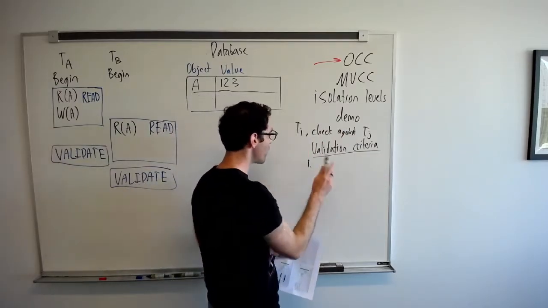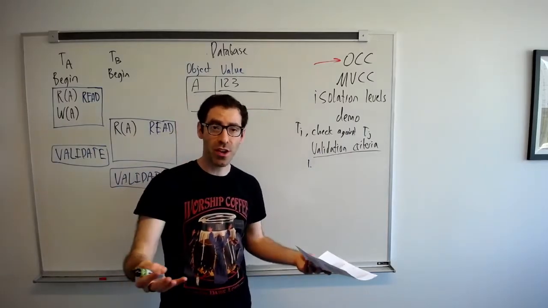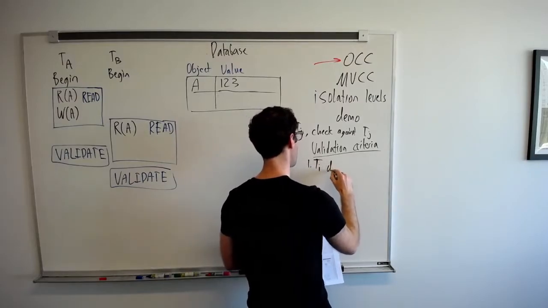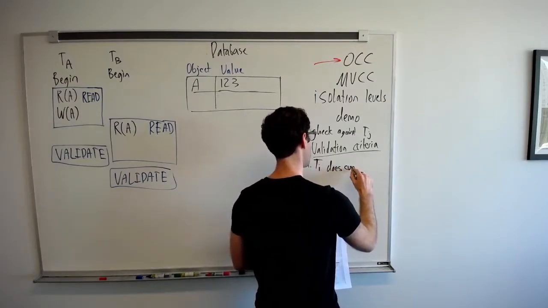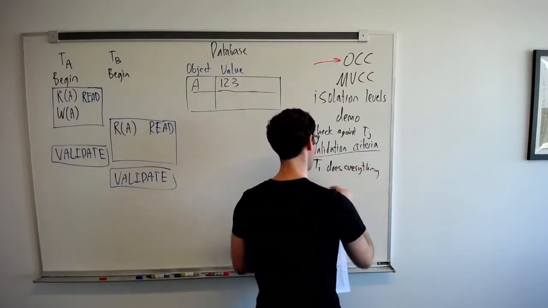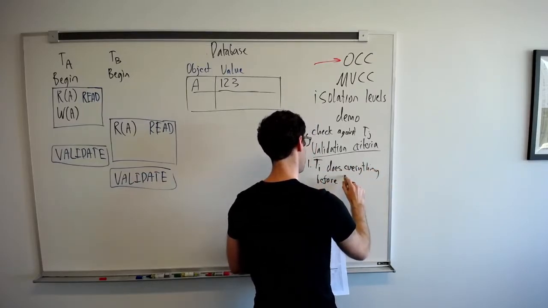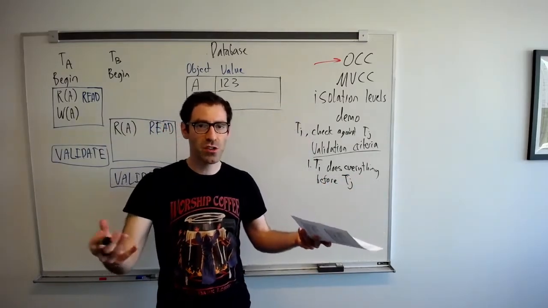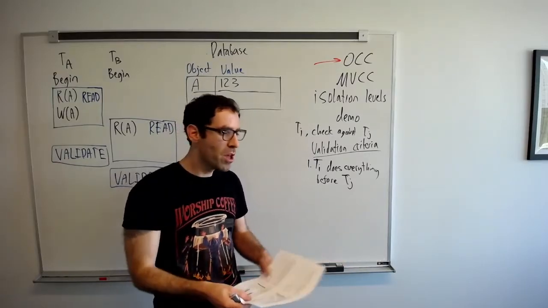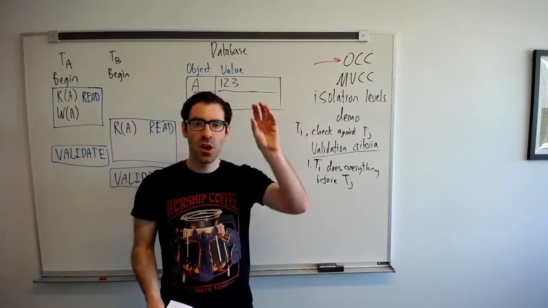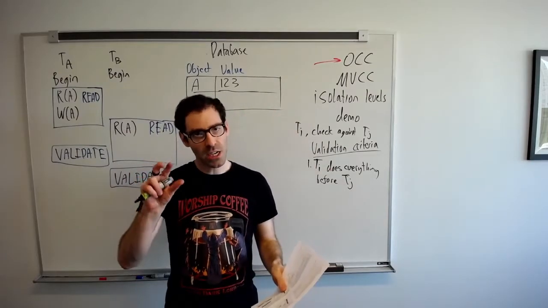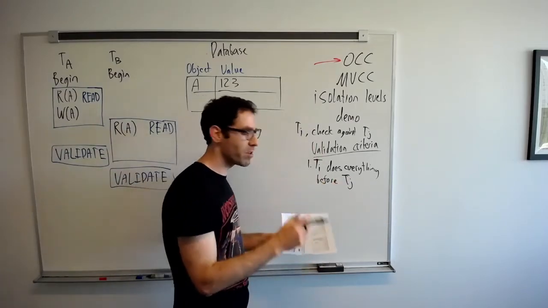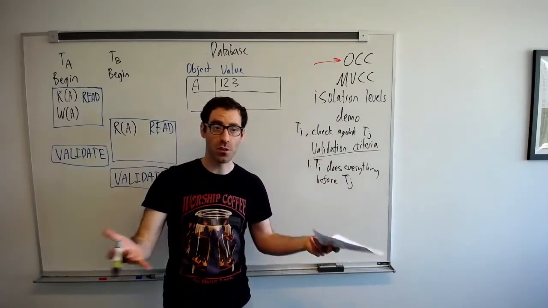So the different criteria that we might have to say a transaction is valid is, number one, Ti does everything before Tj. The transactions are just actually serial in our schedule. We see Ti does its read, validate, write, then Tj does its read, validate, write, and we're good. There's not going to be any conflicts when the transactions are just actually serial in our schedule.